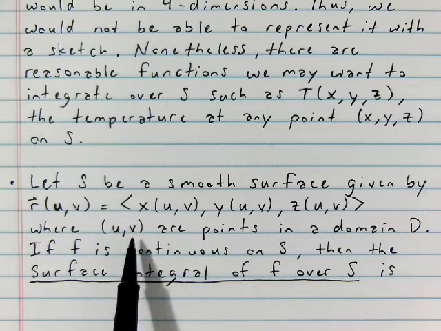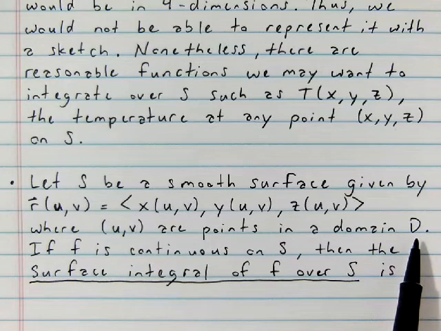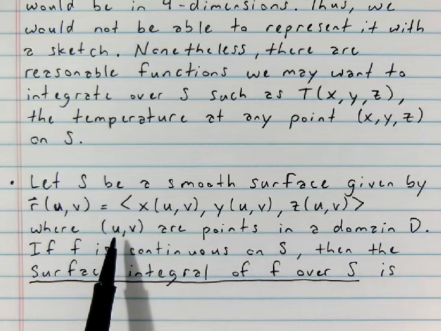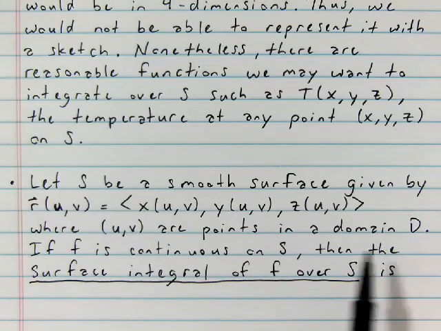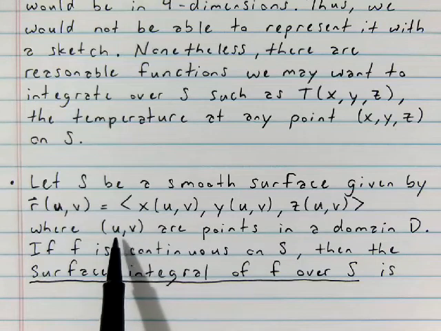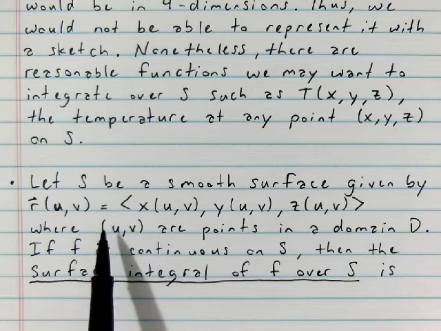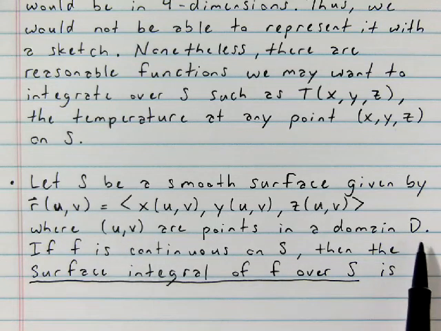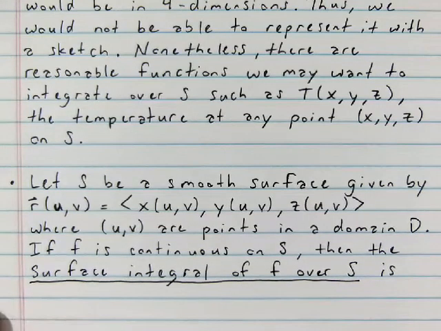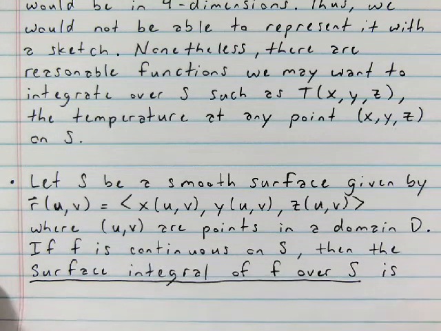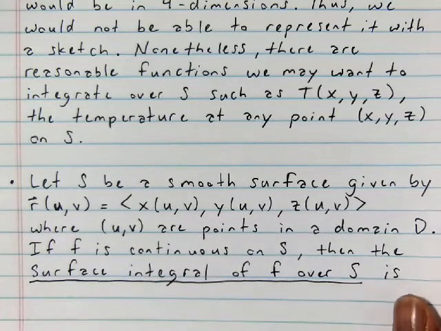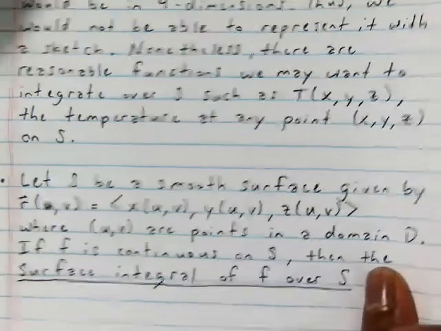Here we say the points u, v are in this set D, and then we would have some bounds, say u varies between 1 and 3, and v might vary between 0 and u plus 7, because our bounds for u and v can be any simple region in this set D, or simple region in 2 dimensions. So let's go to the next page.